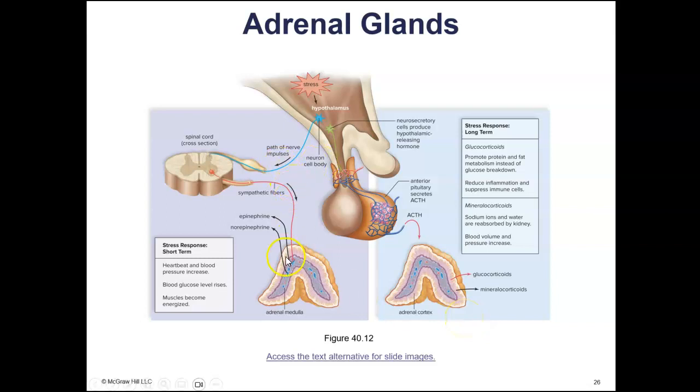And then it also shows you for the adrenal medulla how that works is through the nervous system and the hypothalamus. So stress will cause your hypothalamus to send a sympathetic nerve impulse to the adrenal medulla, and it will release epinephrine and norepinephrine.